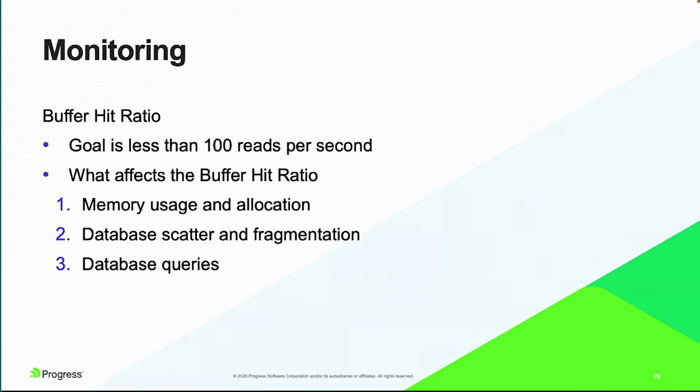There's also database scatter and fragmentation. How many times do I have to read the disk to get a record? And the last thing is database queries. If we're doing a lot of querying and querying a bunch of data and having to load in big tables to do the querying, then we're pushing out data that might be part of your daily business application. So we'll jump on 1 and 2 now. We'll look at 3 later when we talk about reporting.